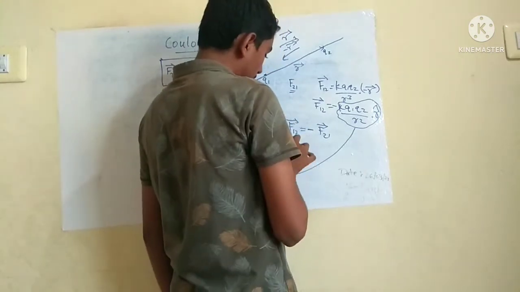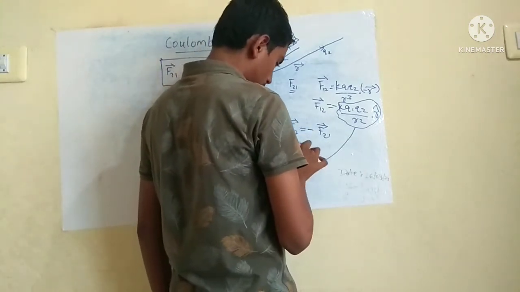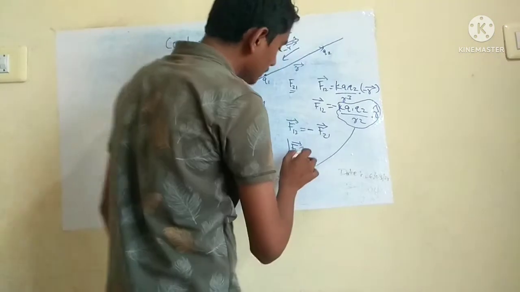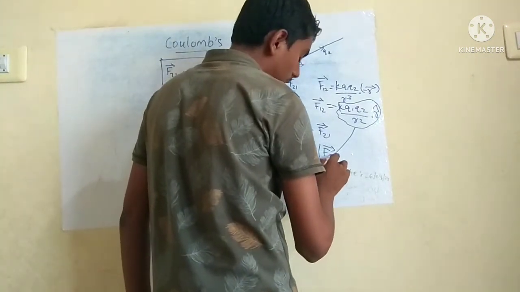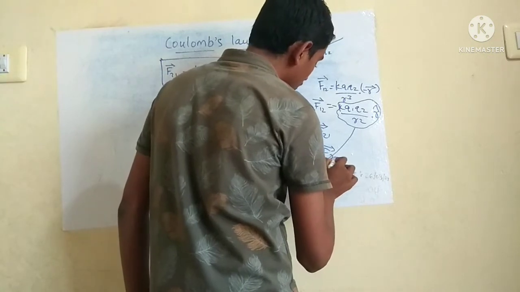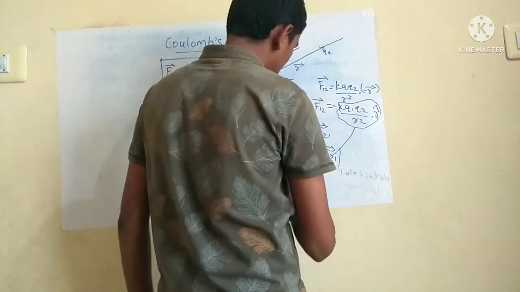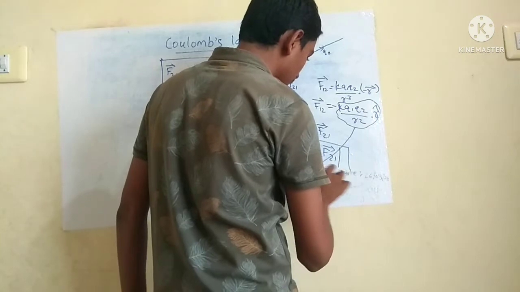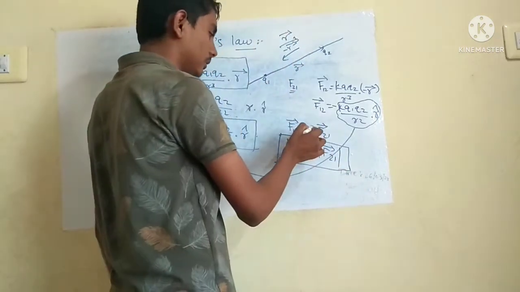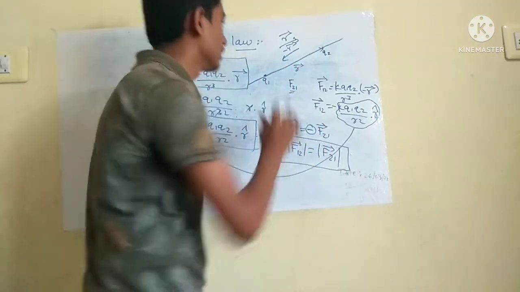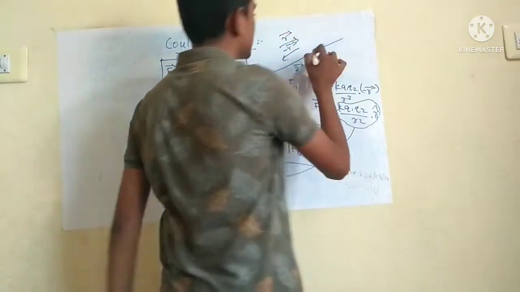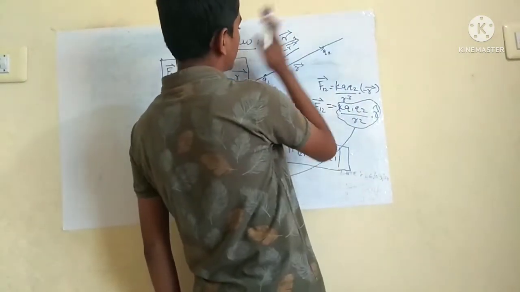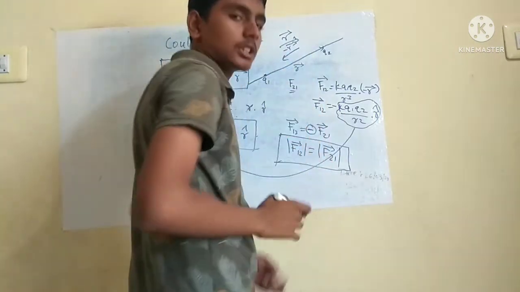From this statement you can write that the magnitude of force on charge q1 due to q2 is equal to the magnitude of force on q2 due to q1. The magnitude will be equal but direction will be opposite. The significance of this minus sign is only that. If q1 exerts force on q2 in this direction, then q2 exerts force on q1 in the opposite direction.